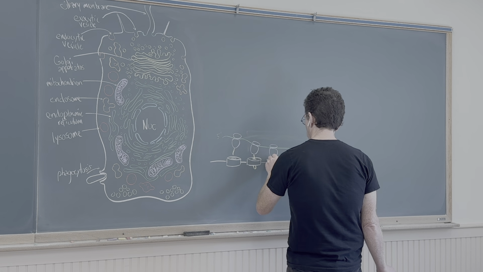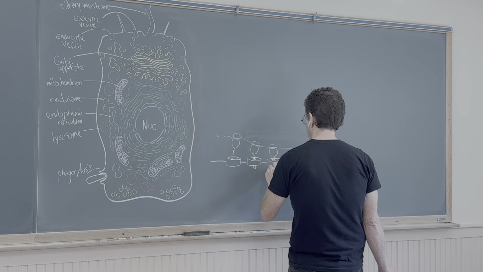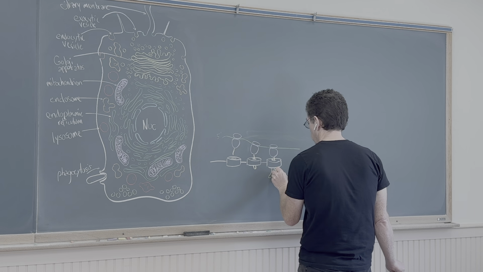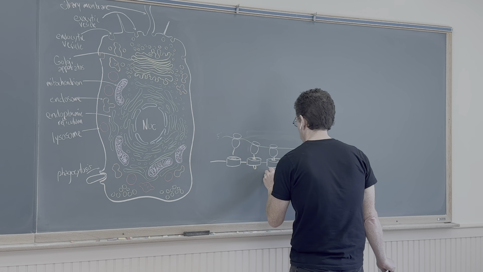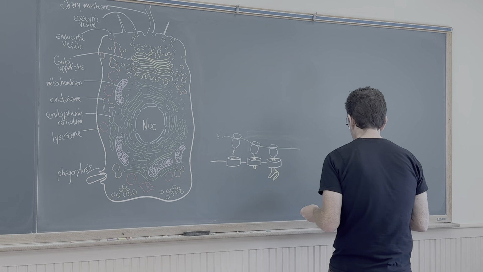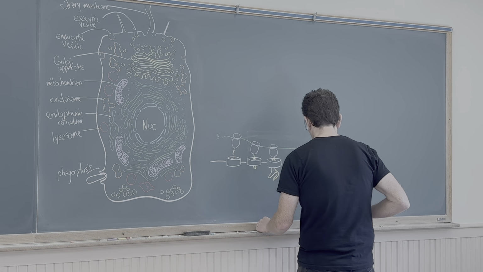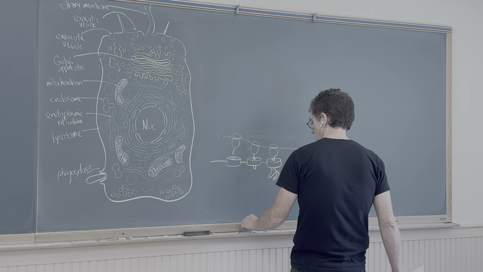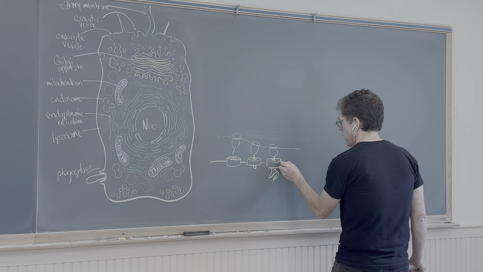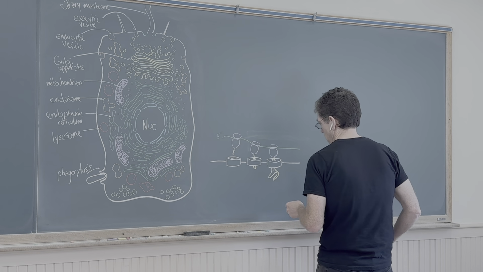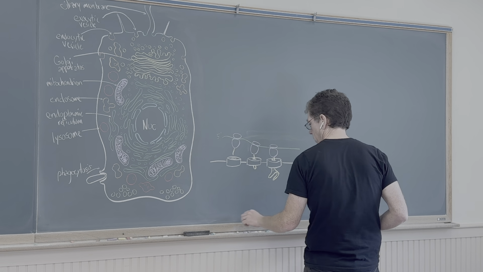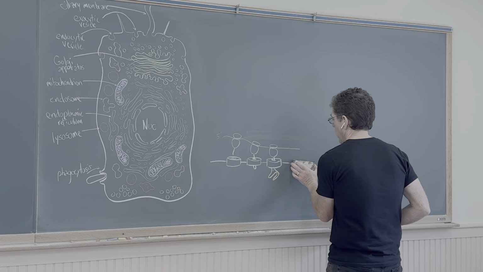As it grows, it develops its secondary and then tertiary structure, whatever folded shape it's supposed to adopt. Until, at some point, the ribosome is done, it's going to fall off and go look for business elsewhere. Whoops. Last step here.